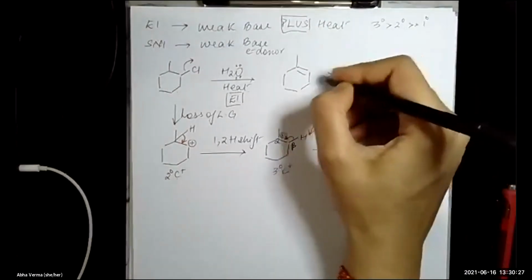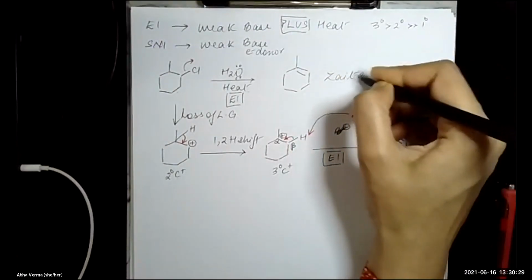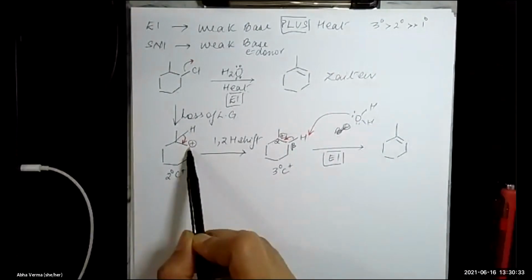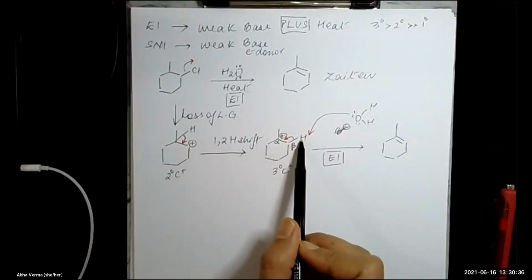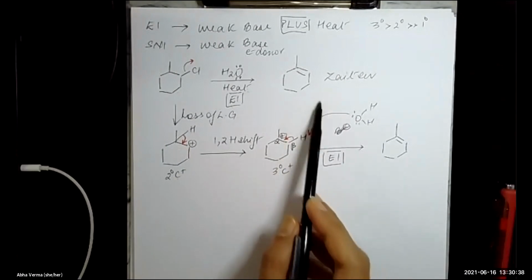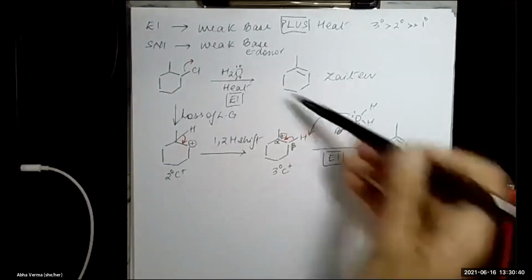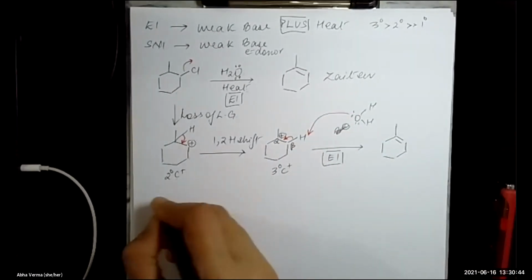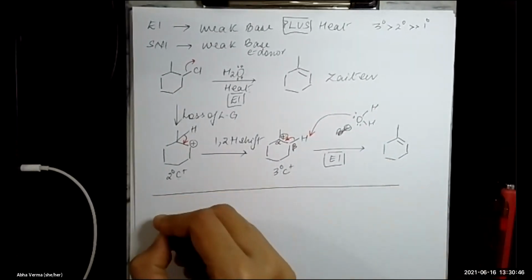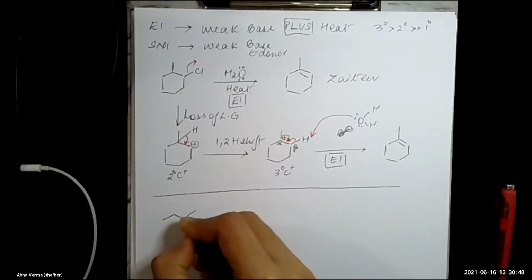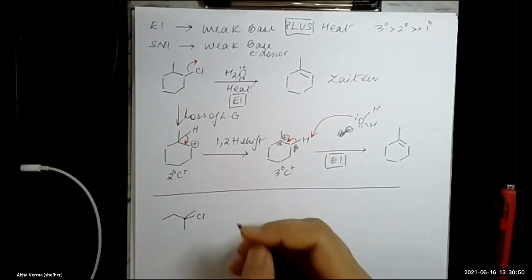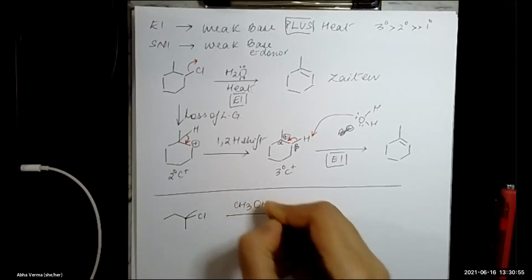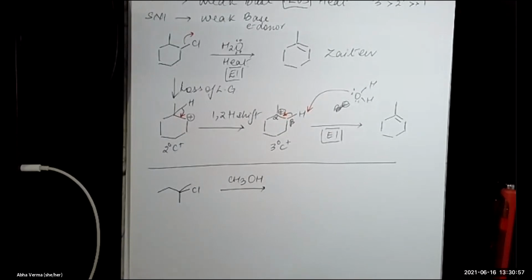And always, if any beta hydrogen is present, remember, anti or syn, it will give you the Zaitsev product because it takes its time to rearrange. So E1 always competes with SN1.